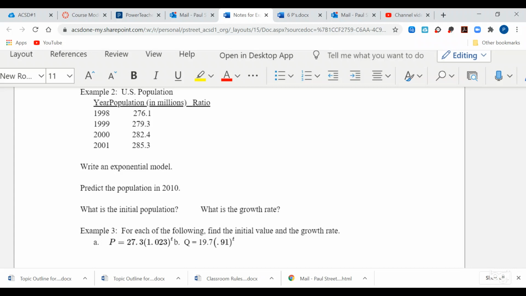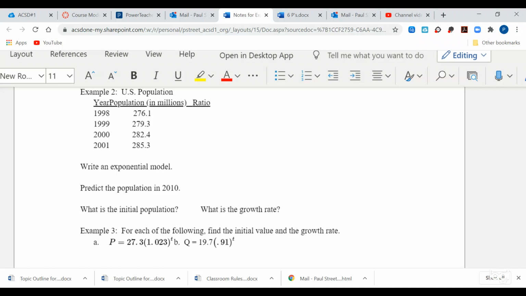1.0116. That's what I got too. Anybody not getting 1.0116? And then you're going to repeat that doing the 282.4 divided by the 279.3. And let's go to 4 decimal places there. Somebody other than Miranda, let me see if somebody else. 1.0112 or 1.0111.